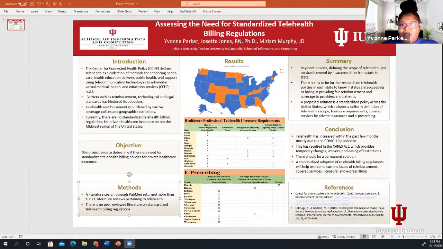But as I mentioned, the CARES Act gave a blanket policy that applied to private and public insurance, and they gave the states the advantage to lessen up restrictions and licensures. So a prescriber in Ohio didn't have to get his license in Texas to see a Texas patient. Everybody is able to see, as long as they follow certain criteria.